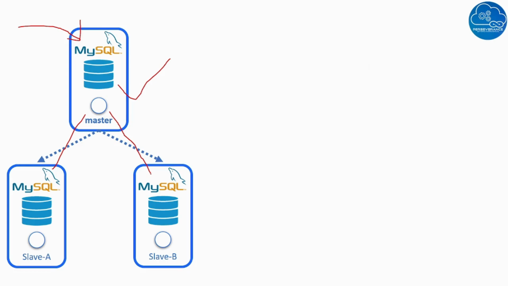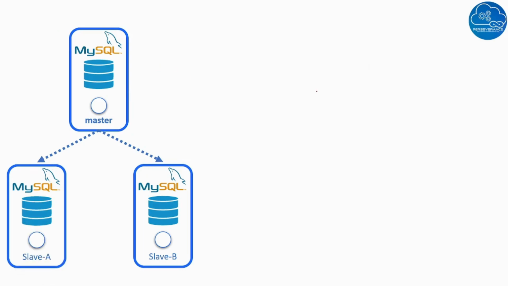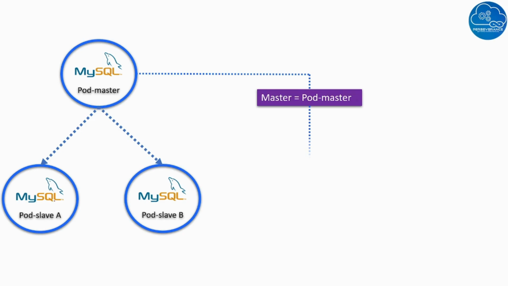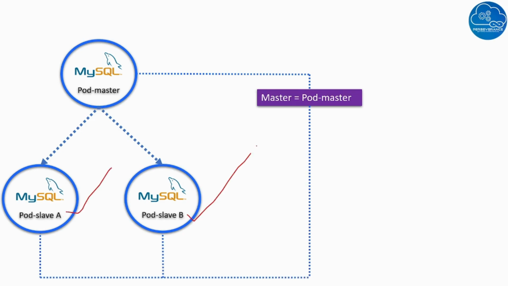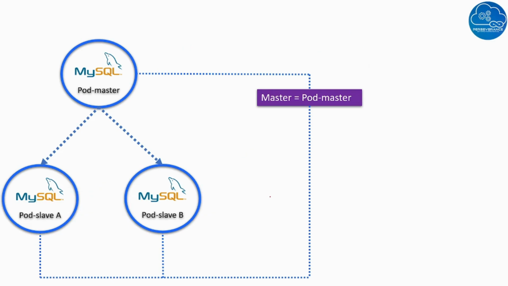When we run these database workloads inside pods, the slave A and slave B configuration should always point to the pod which is master, but this pod name should be unique. It should not be ephemeral, meaning it should not be dynamic. In that case deployment cannot support this, so in that context we basically go for stateful sets.